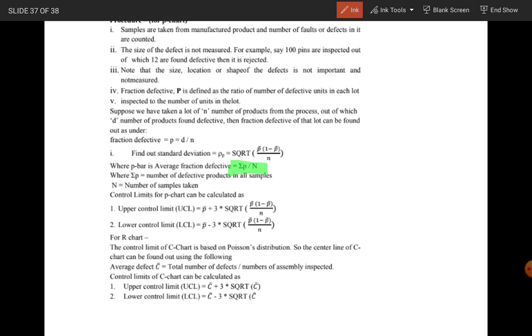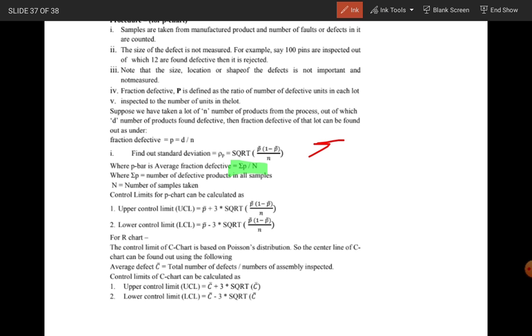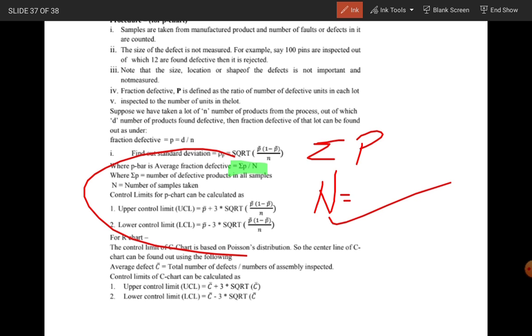Here sum p is the number of defected products in all samples, and n is the number of samples taken. By utilizing this in the formula we will do the calculation.